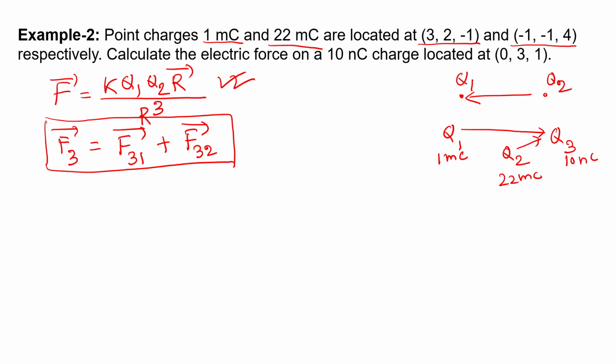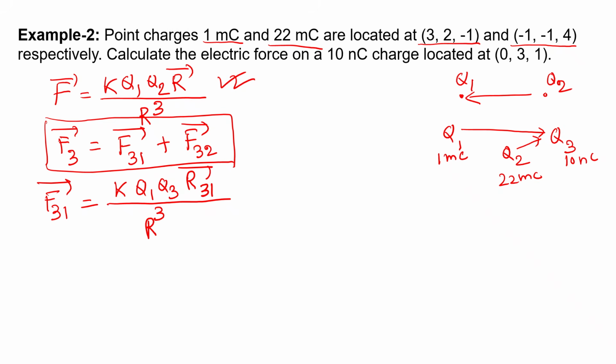So first, to calculate F31, let me write the formula for F31. F31 will be K Q1 Q3 into R13, or sorry, R31 divided by R cube.